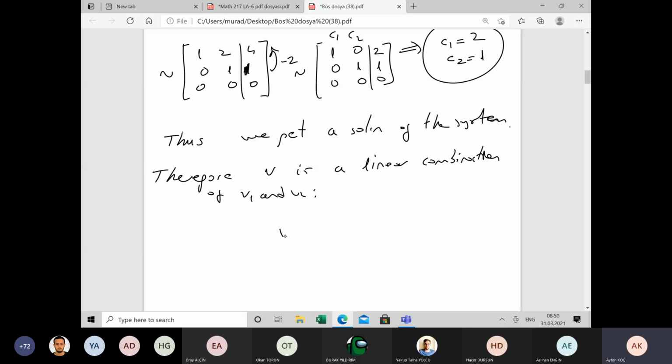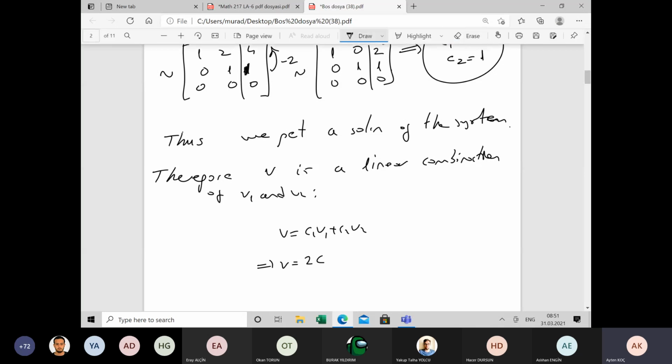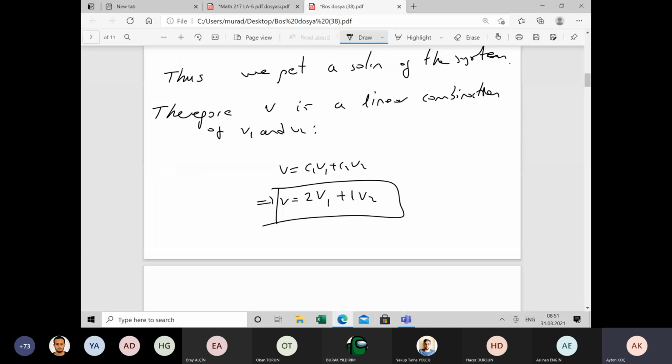V is C1 V1 plus C2 V2, and here C1 is 2, so V is 2 V1 plus 1 V2. It's okay. This is the linear combination of V1 and V2: 2 V1 plus V2.